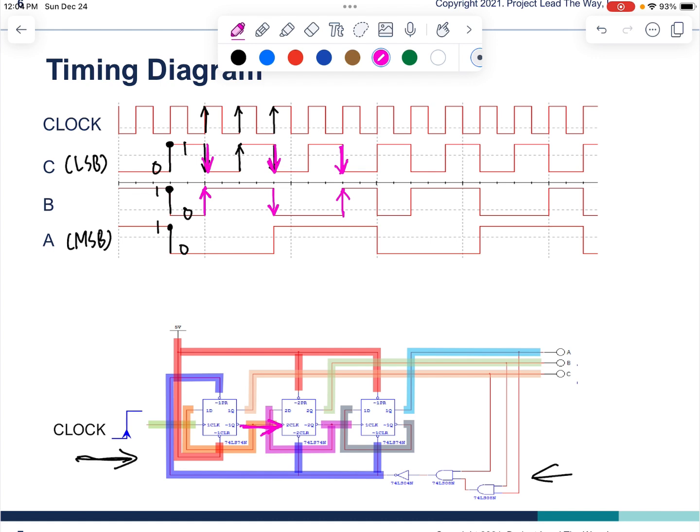That's B. Almost a similar idea for A: B naught is feeding to A's clock. That means every time you have a B falling edge, which is B naught's rising edge, you will change A output.